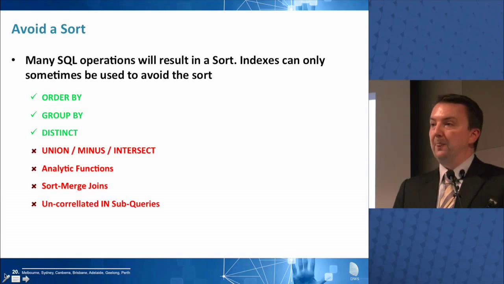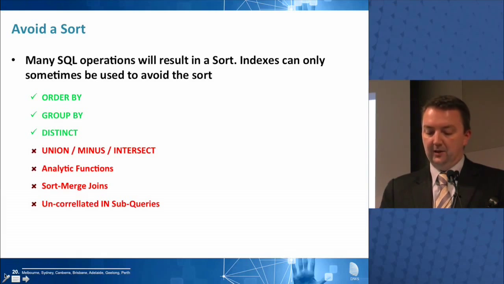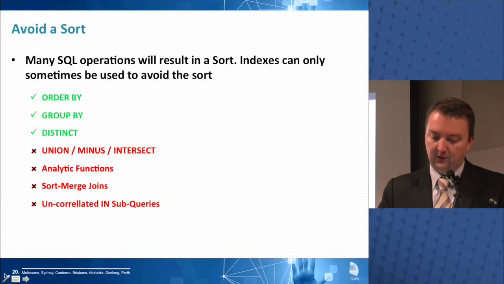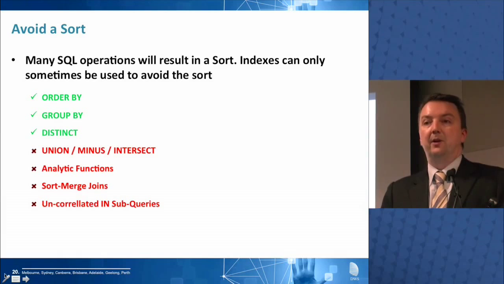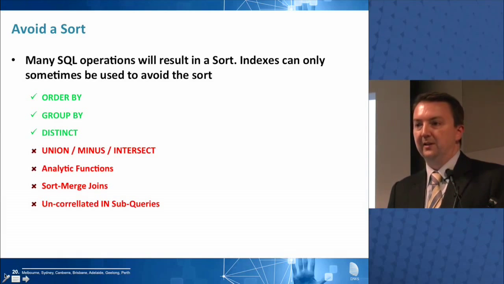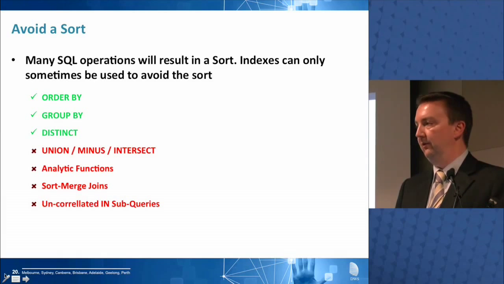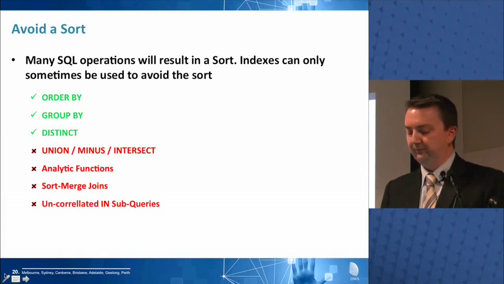With those three, you can engineer it so that it will use an index to avoid a sort. Things like union, minus and intersect, analytic functions, sort merge joins, uncorrelated subqueries, some of those things will also cause sorts in the database. I've never yet found a way to use indexes to avoid any of those sorts.